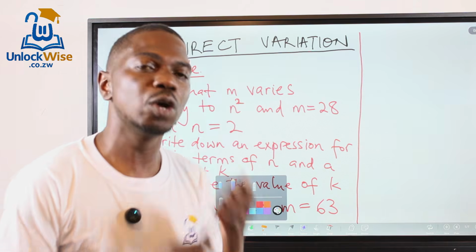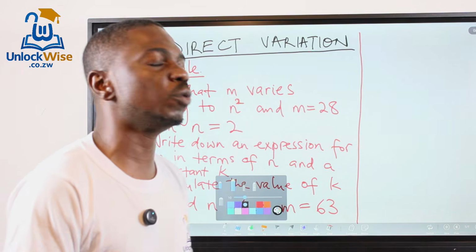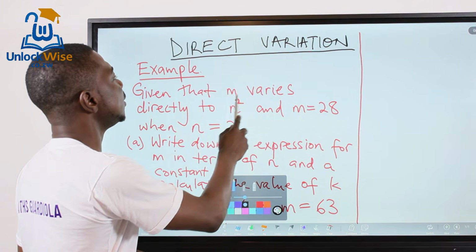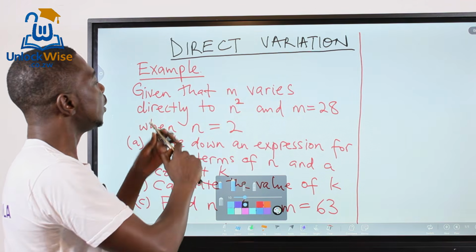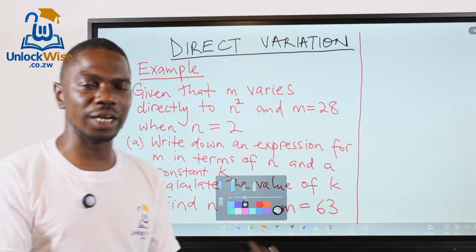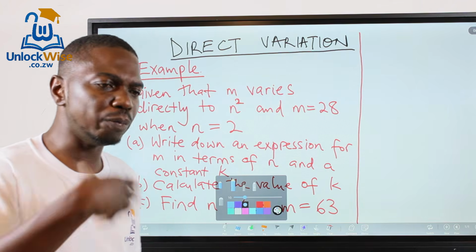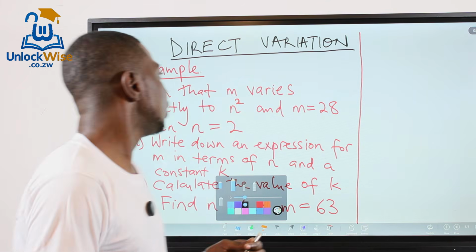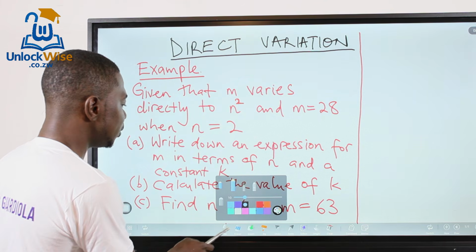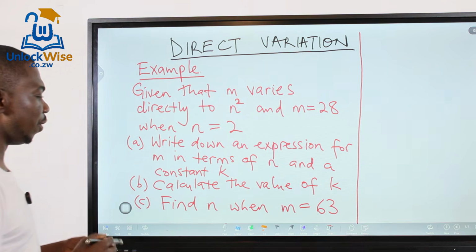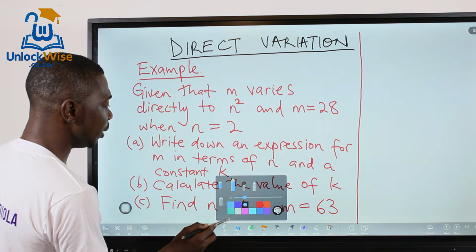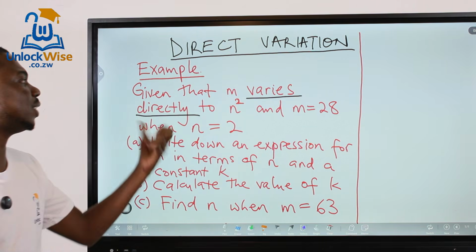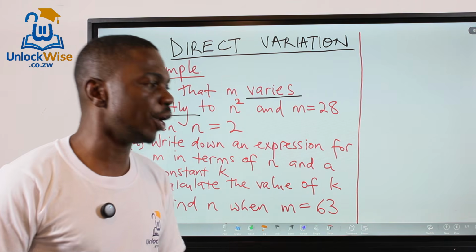You can also be given this as directly proportional. Directly proportional or directly varies is one and the same thing. So in this case, we are dealing with direct variation.